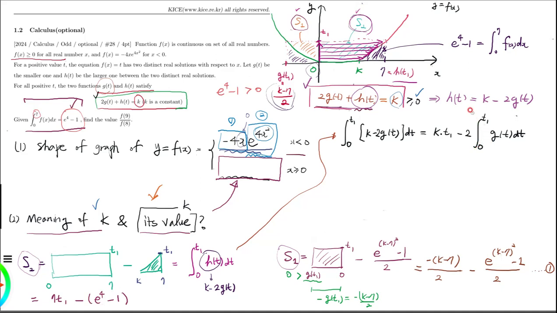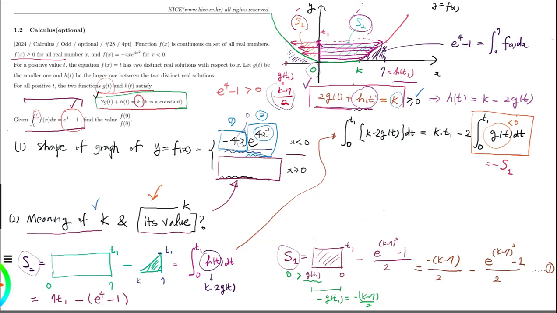And what's the value of this integration from 0 to t1 of the function g of t dt? This value is the negative value of S sub 1, since g of t is always negative and its integration value is negative, so it's negative S sub 1.